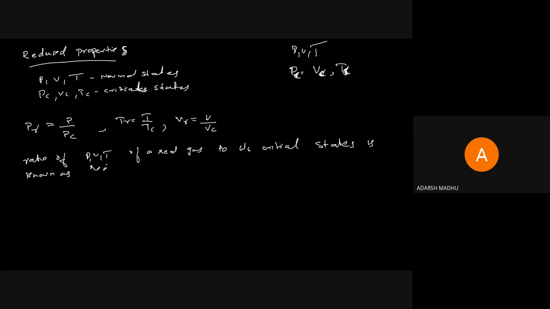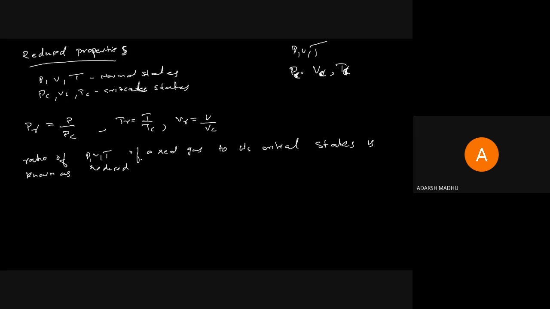Okay, for reduced properties there are values for PC and TC, which the textbook gives as a table. I will give you the table as a PDF. For air, the critical pressure is 37.69 bar and the critical temperature TC is 132.5 Kelvin. Like that, air, argon, carbon dioxide, nitrogen, oxygen, water, ethane, propane, everything.